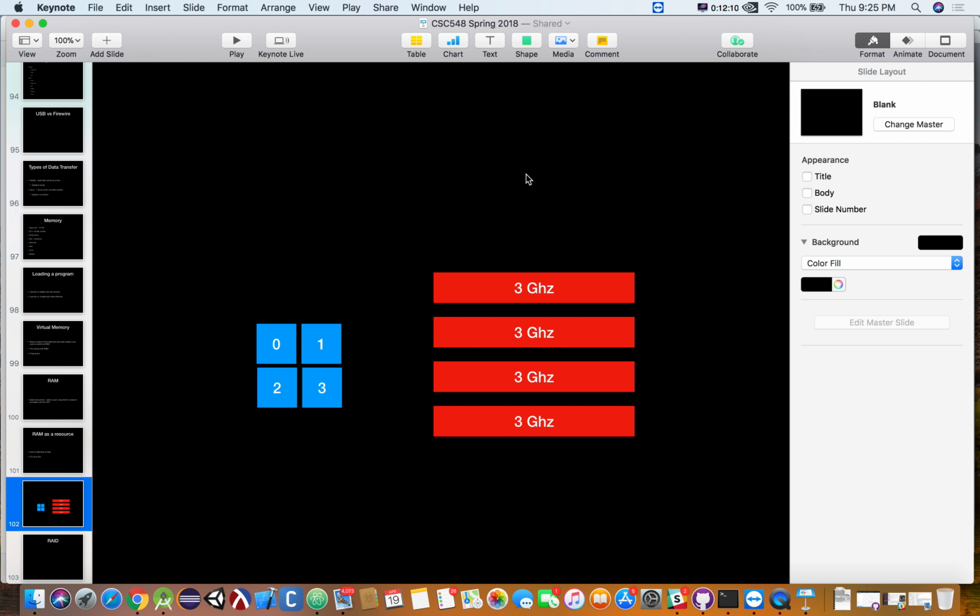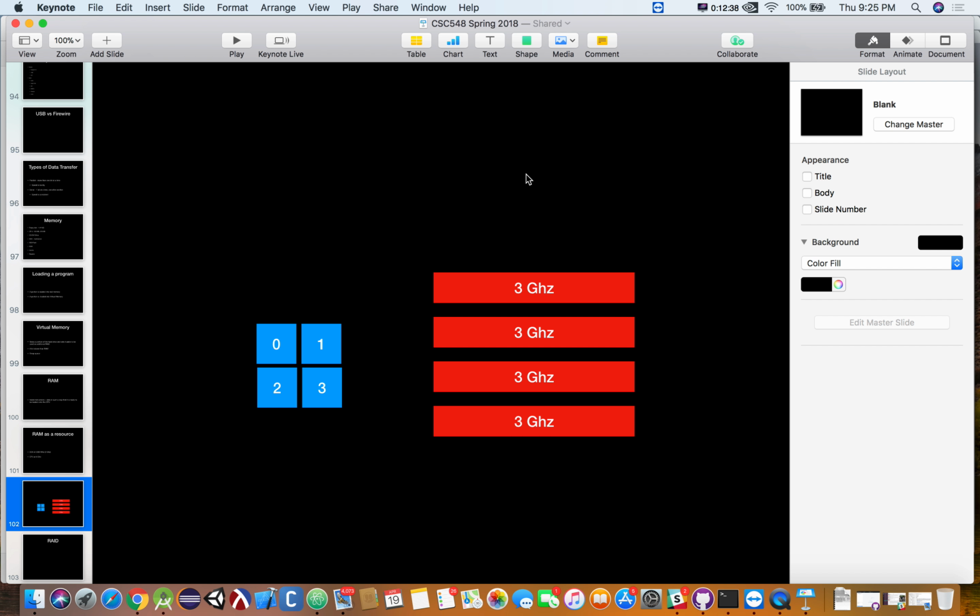So the reality is at any point in time, each core will be getting 3 gigahertz of performance from the RAM. But they can't all access the RAM at the identical time. The RAM will be protected by some sort of bouncer that will make sure only one person can grab that resource at a time, or if 2 grab it, it's with some constraints, something like that.